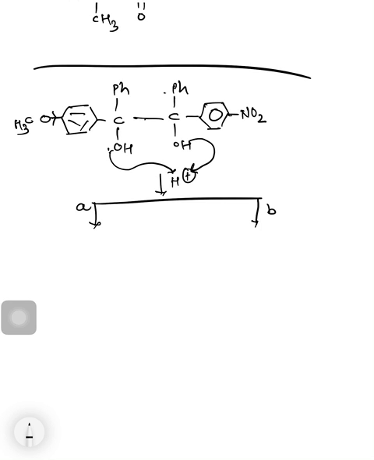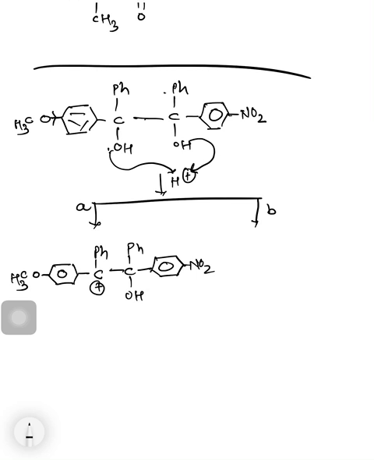In the first step there will be formation of hydronium ion, and after the removal of the water molecule there will be formation of a positive charge. In route A, the positive charge will be with the carbon atom that has the phenyl ring with the electron releasing group, while the remaining structure remains the same. So I am rewriting it as the same structure here, with the NO2 group.